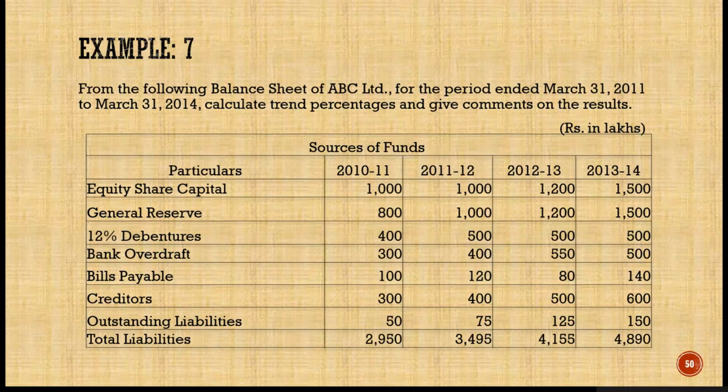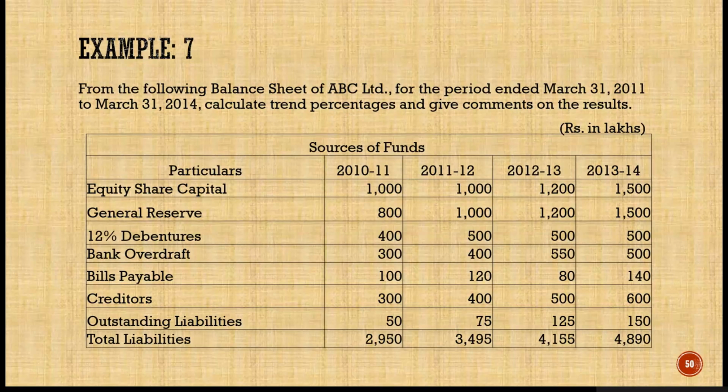Okay, so here you can see equity share capital, general reserve, 12% debentures, bank overdraft, bills payable, creditors, outstanding liabilities, total liabilities, and figures concerning these are given here for the 4 years.